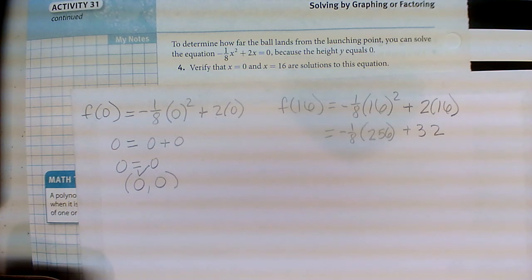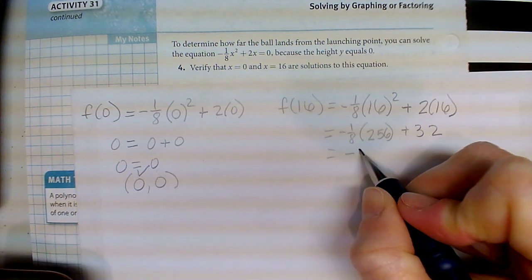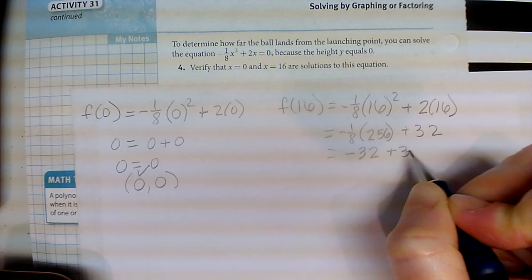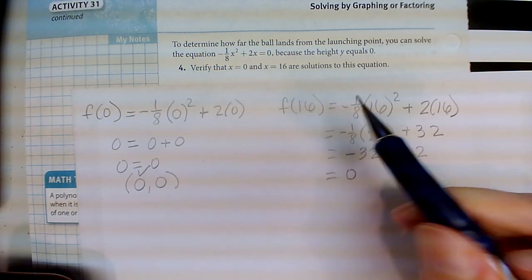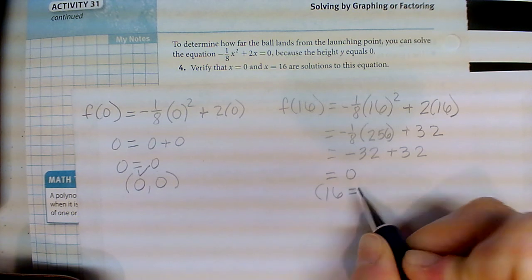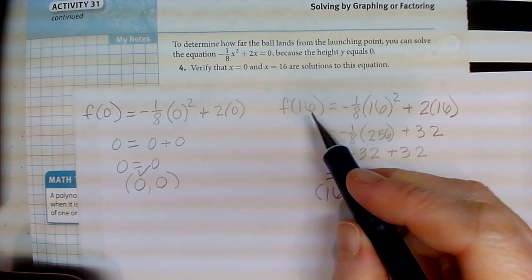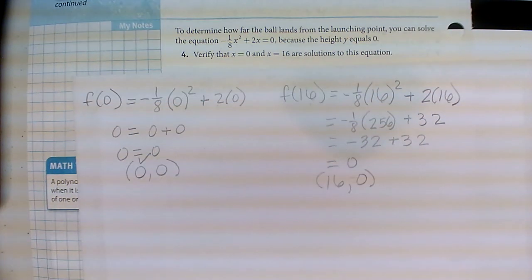Bear with me, I should have had my calculator ready. So that's going to give us -32 plus 32, which equals 0. So again, here's my ordered pair: 16 is my x value, 0 is my y value.